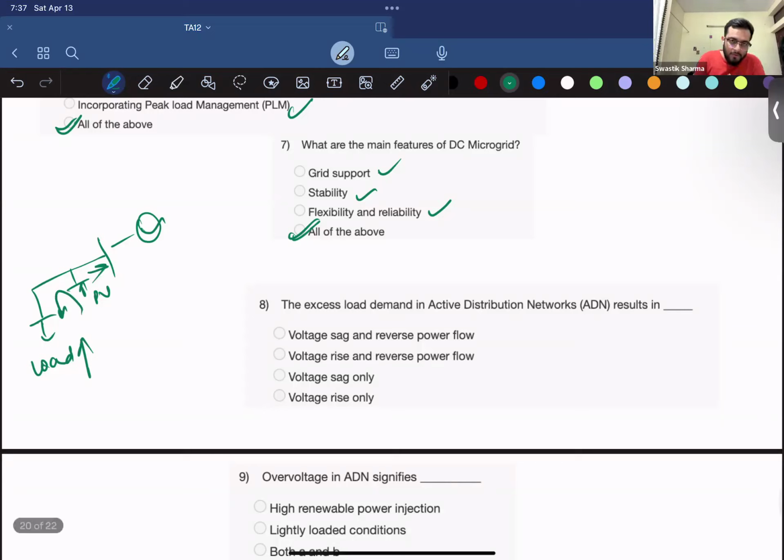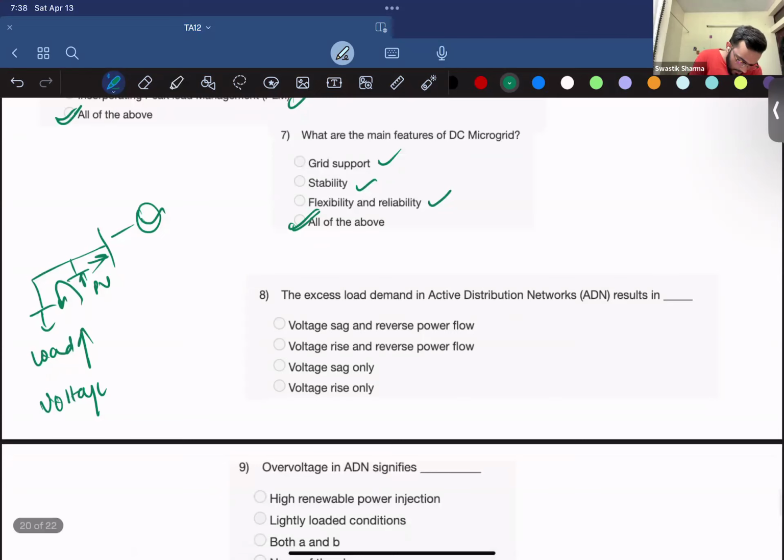And if the load increases too much, your voltage will sag because generation may be less than the suddenly increased load. So voltage goes down only, and there is no reverse power flow, because you want your power to be consumed by the increased load in your system. So the answer is C, voltage sag only.